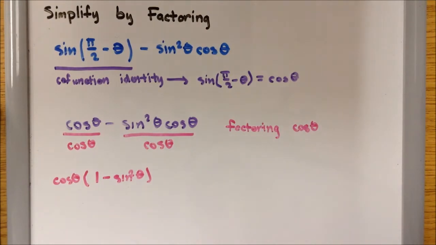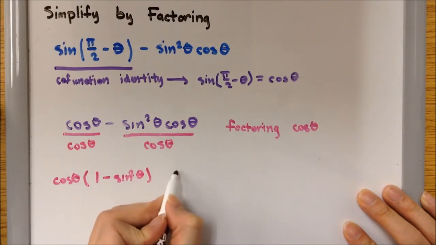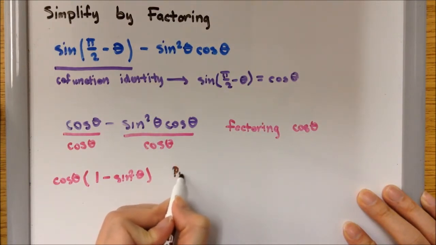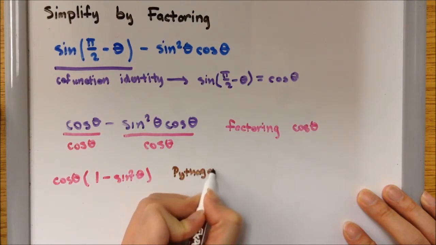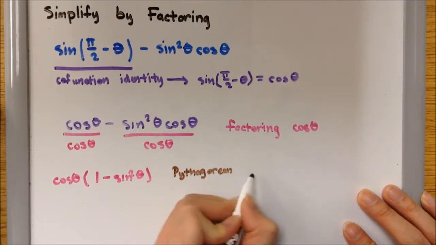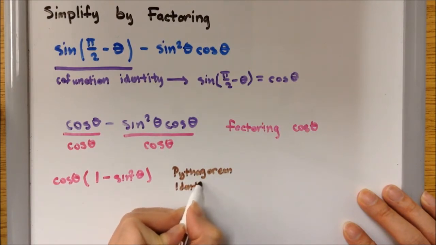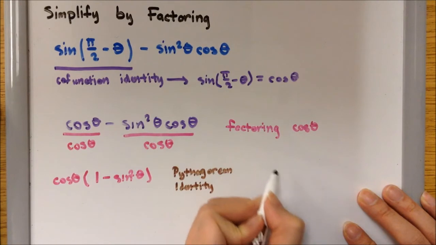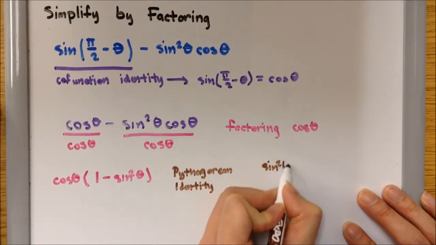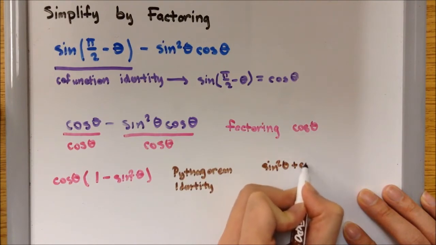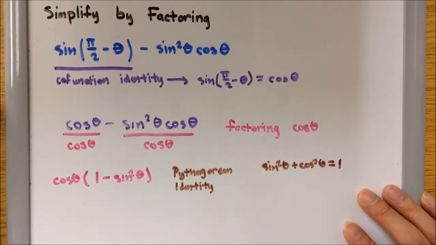It looks similar to the Pythagorean identity, so I'm going to write right here, sine squared theta plus cosine squared theta equal to 1.